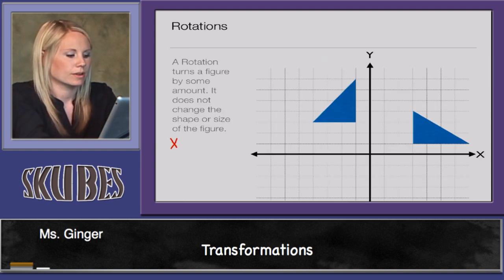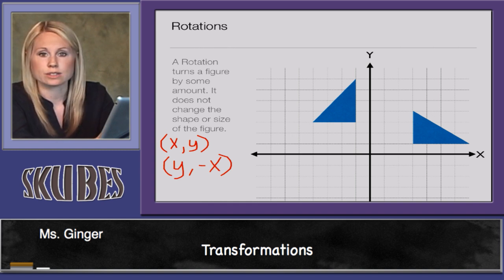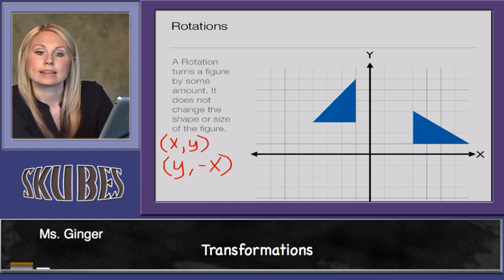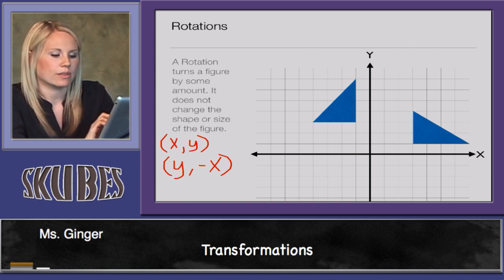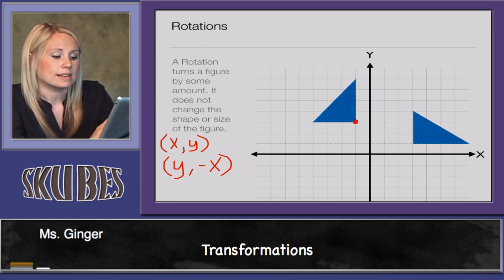Alright, remember, this is a 90 degree rotation. So each coordinate from pre-image to image should change in this way, from (x, y) to (y, -x). So let's see how that affected our picture. One of these vertices, located here at the bottom, is at (-1, 3).